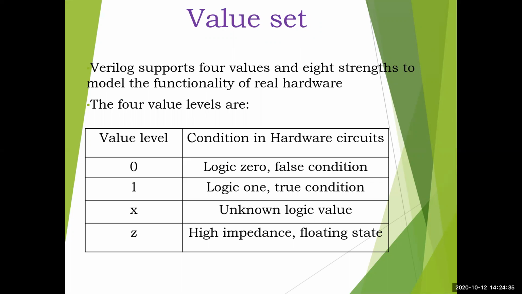What are those values? 0 is logic 0, or in Boolean form the false condition. 1 is logic 1, or the true condition. Along with these two values, two other values are required to model actual hardware circuits. That is X, the unknown logic value, and Z, the high impedance floating state.